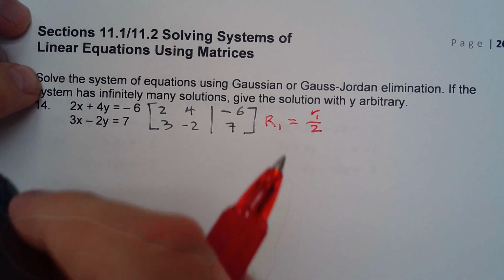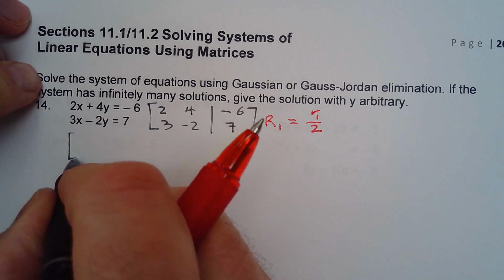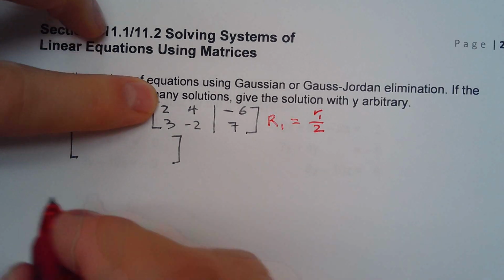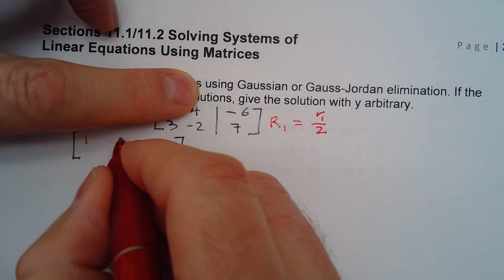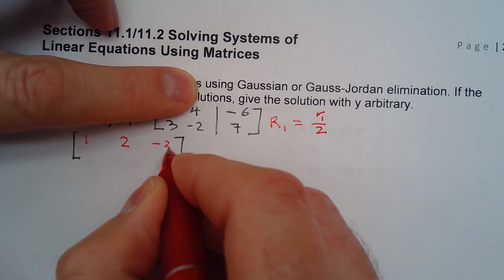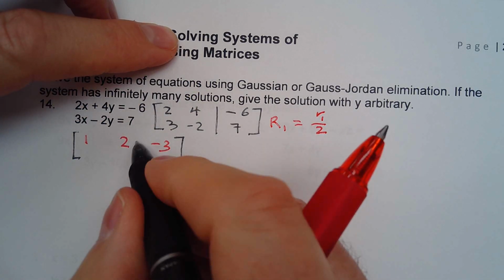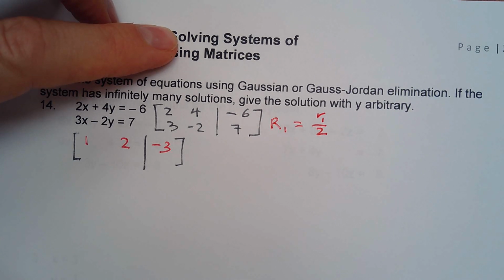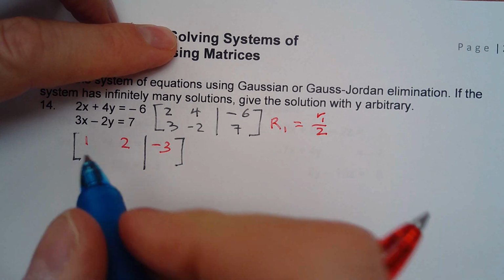So when I do that, that becomes a 1, 2, and a negative 3. I'll leave row number 2 alone for right now. So I'm just going to copy it back down.